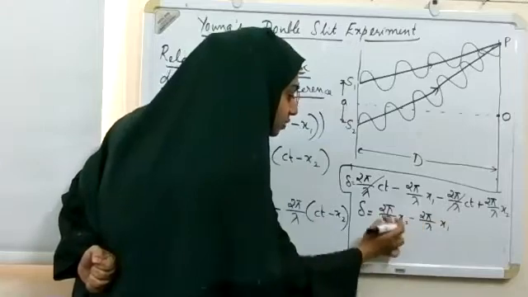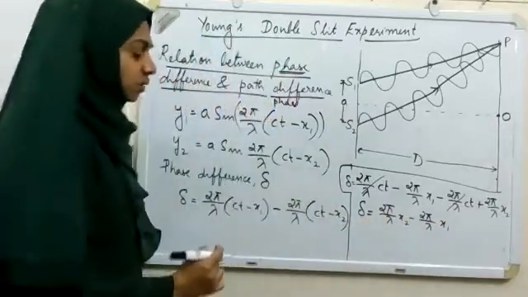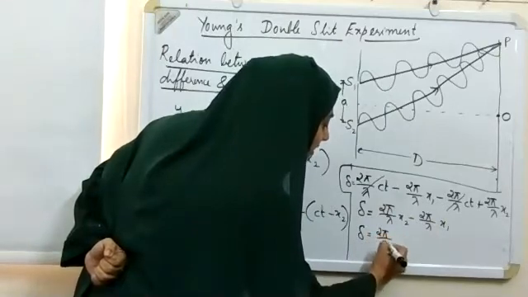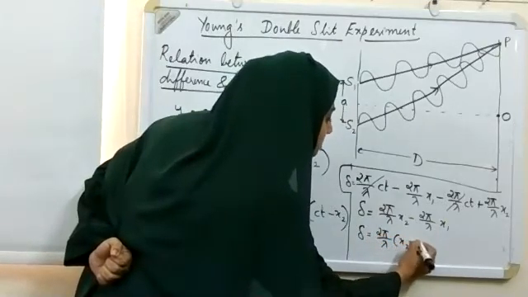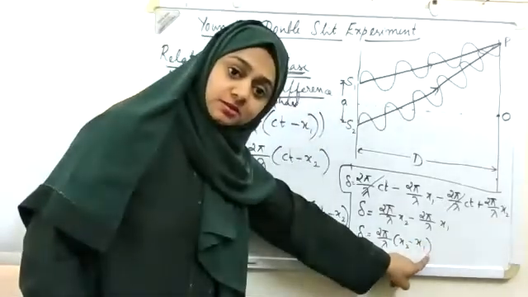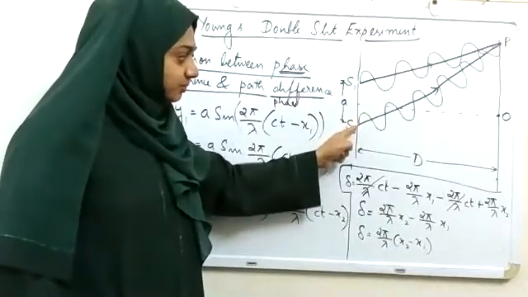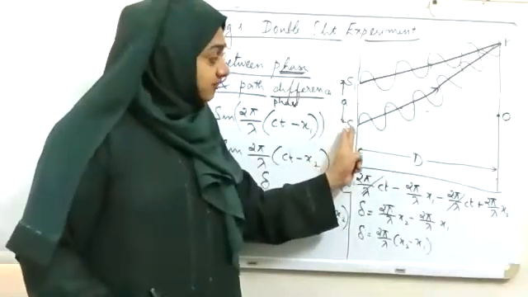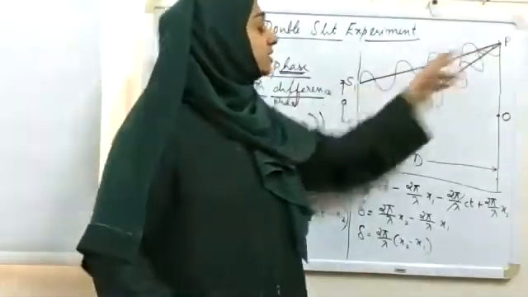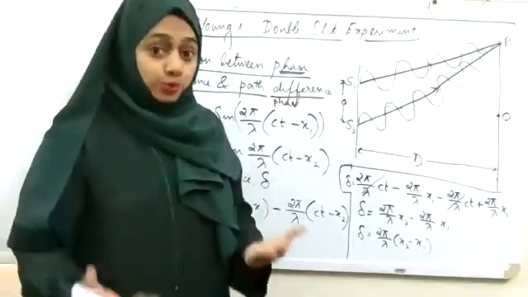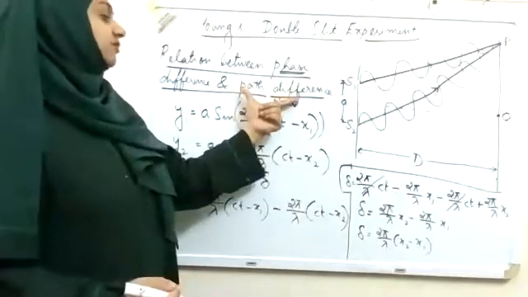Here, let me take 2 pi by lambda common, outside. So delta is equal to 2 pi by lambda into (x2 minus x1). What is x2 minus x1? x2 minus x1 means S2P minus S1P, or in other words, the difference in the distance traveled by the waves coming from S1 and S2, which is called the path difference.